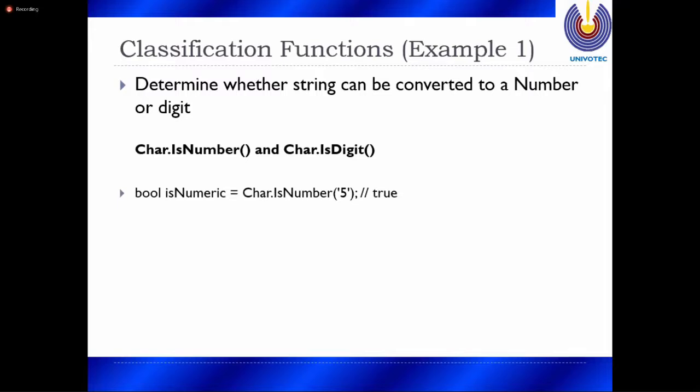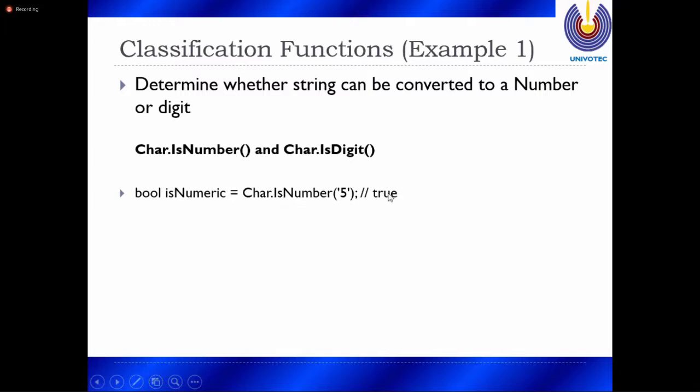Bool isNumeric. There's a Boolean called isNumeric. This is the Boolean type. Then you can check Char.IsNumber('5'). I already mentioned a character uses single quotation marks, and if you have a string, it uses double quotation marks. Here 5 is a number.